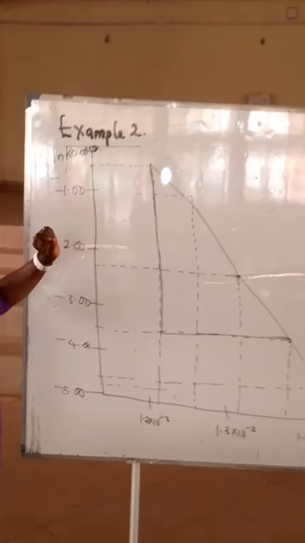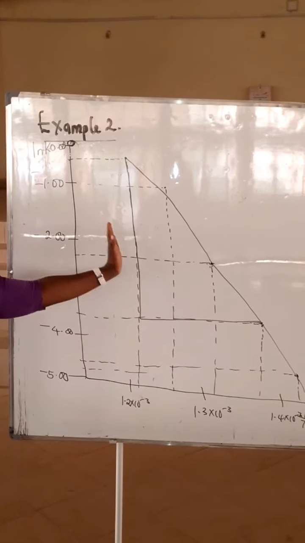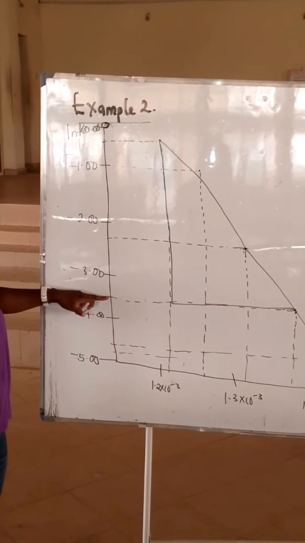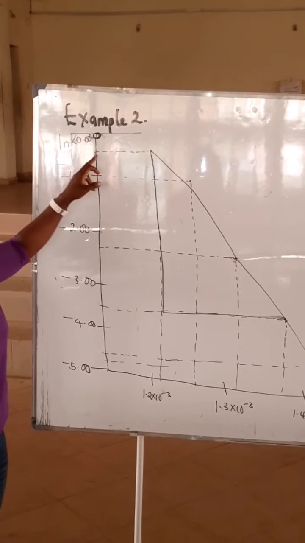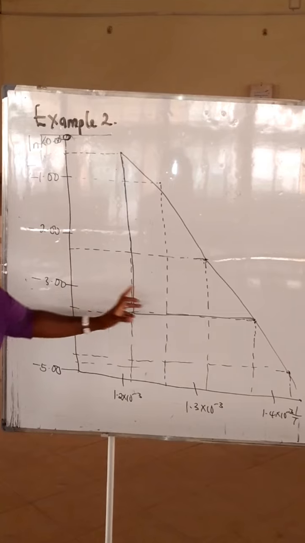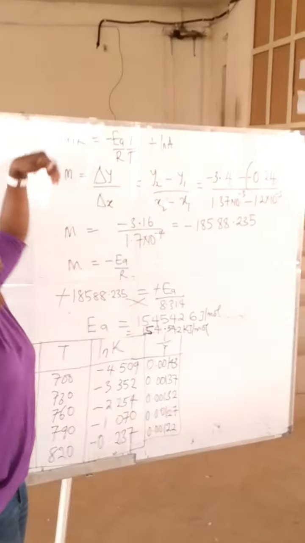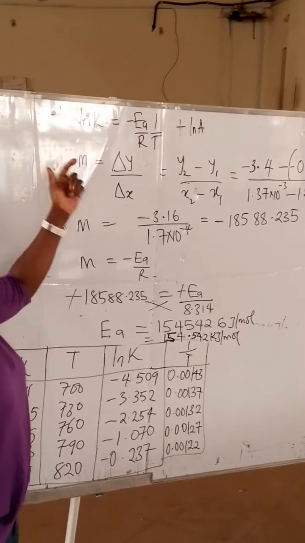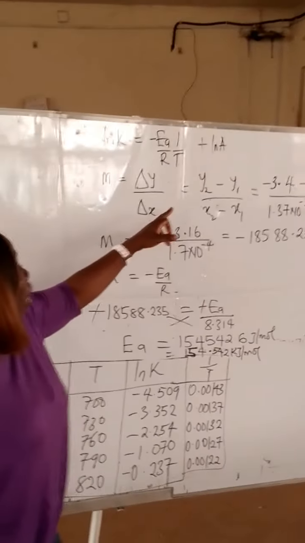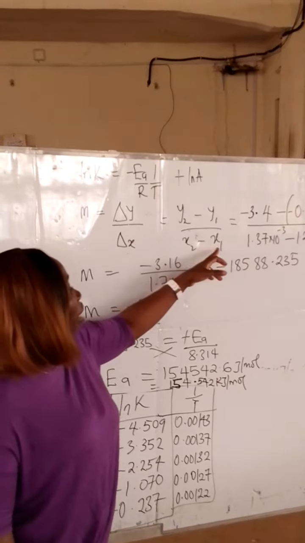Then we will now take two values from the points that meet in the straight line graph. You take two. One will be the y and x. Then the y has the corresponding x value, and the other y will have the corresponding x value. So using the formula, we can now calculate our slope. Slope is delta y over delta x, and that is y2 minus y1 all over x2 minus x1.